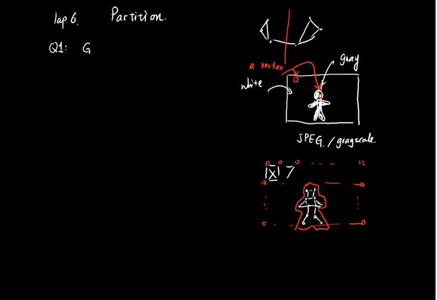Suppose I have a graph which is on 2n vertices. It's just for convenience that we have an even number of vertices. So we want to find a partition of the graph, a partition of the vertex set.